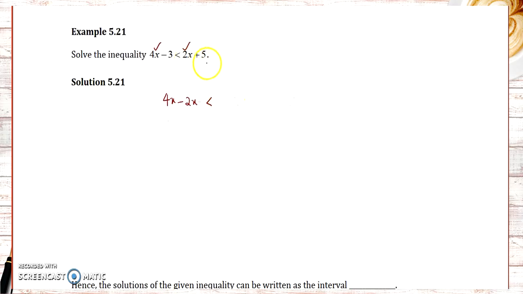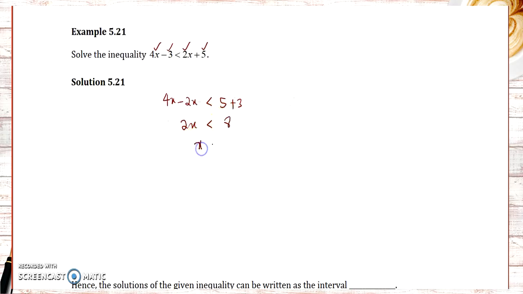For the right hand side, we have 5, and we need to eliminate negative 3 from the left hand side. So we need to add 3 to both sides. Now we have grouped the variables on the left and the constant on the right. Let's simplify. We have 2x less than 8.